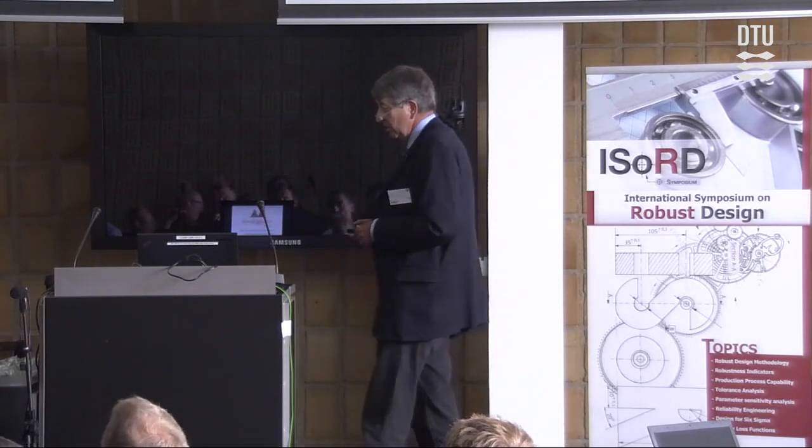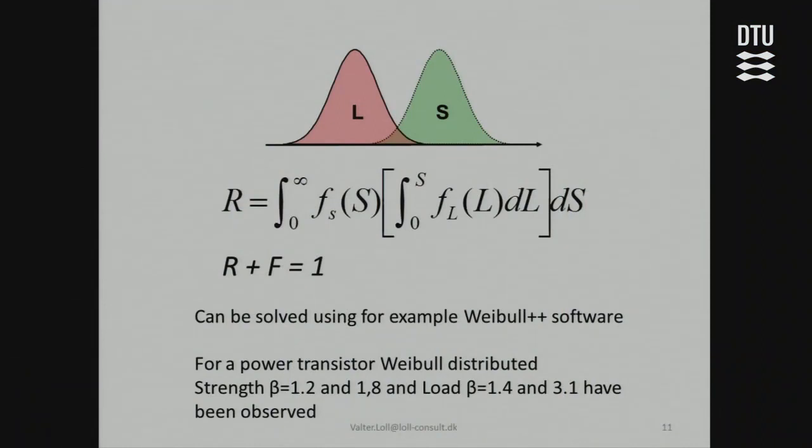A special tool is the load strength, originally developed for mechanics, but also used today for electronics. It's based on that the strength of a product will vary with the tolerances and variations in material parameters.